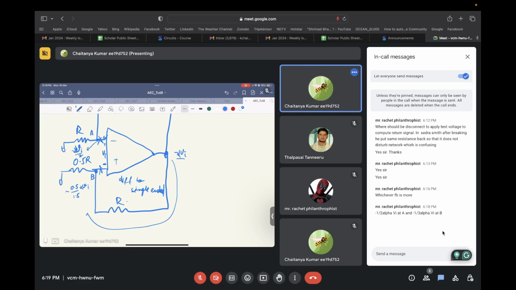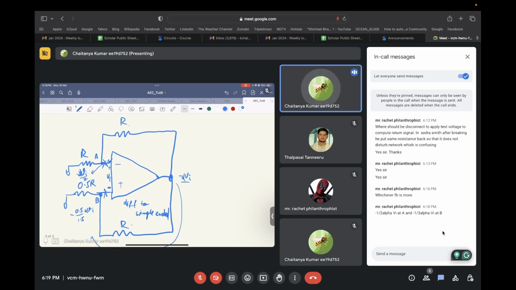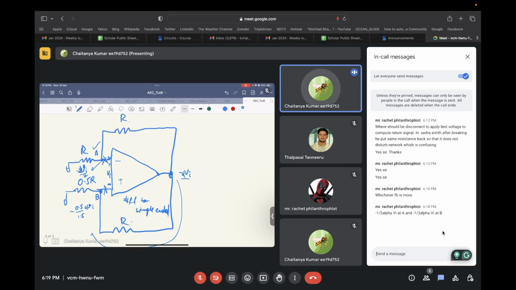Now, again, you see that in this case node A has a stronger feedback factor. So the terminal which has a stronger feedback factor, as one of you pointed out also, will determine the sign of the feedback.